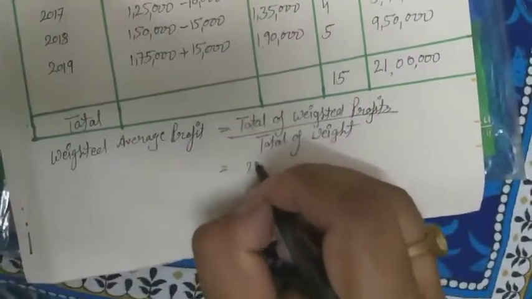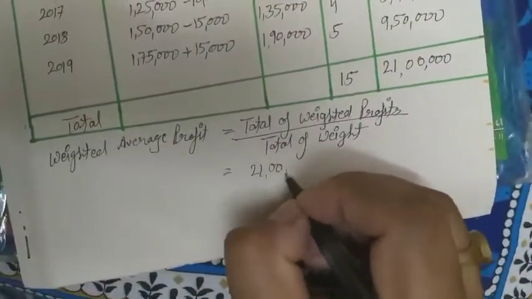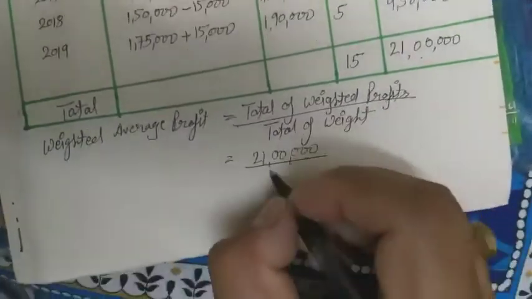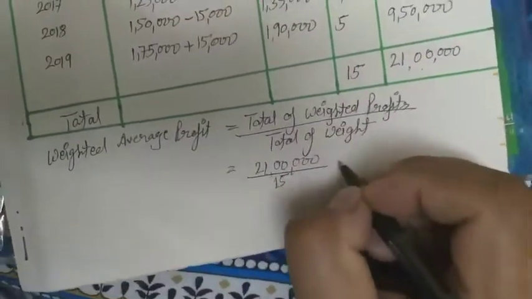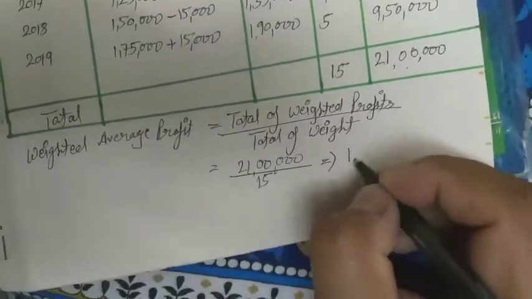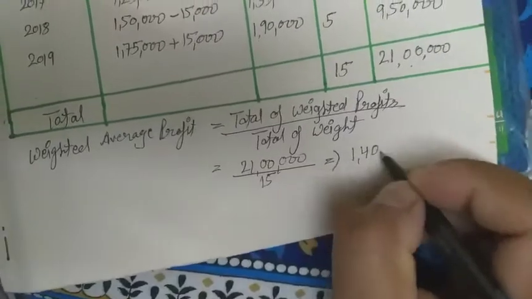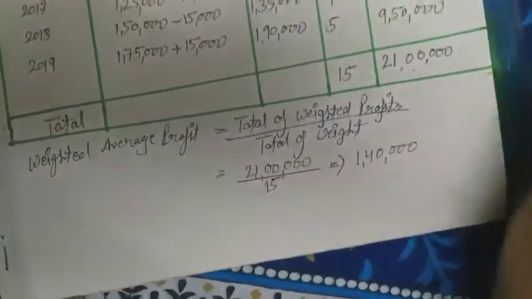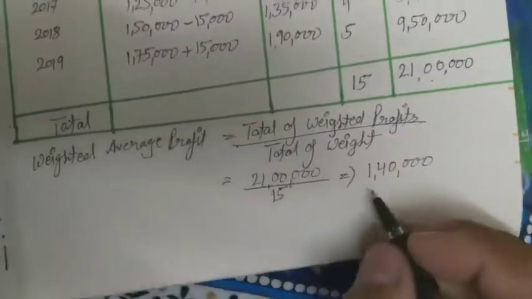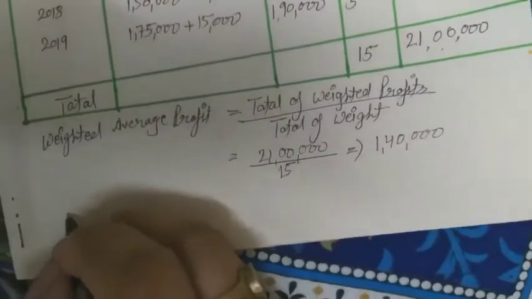It is equal to 21 lakh, this amount, upon 15. So if we divide 21 lakh by this, it will equal 1,40,000. Okay, this is the weighted average profit.